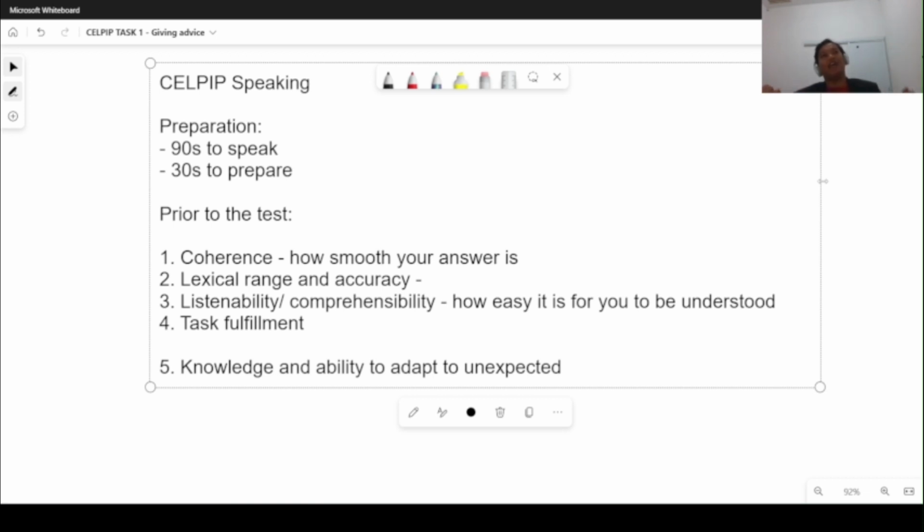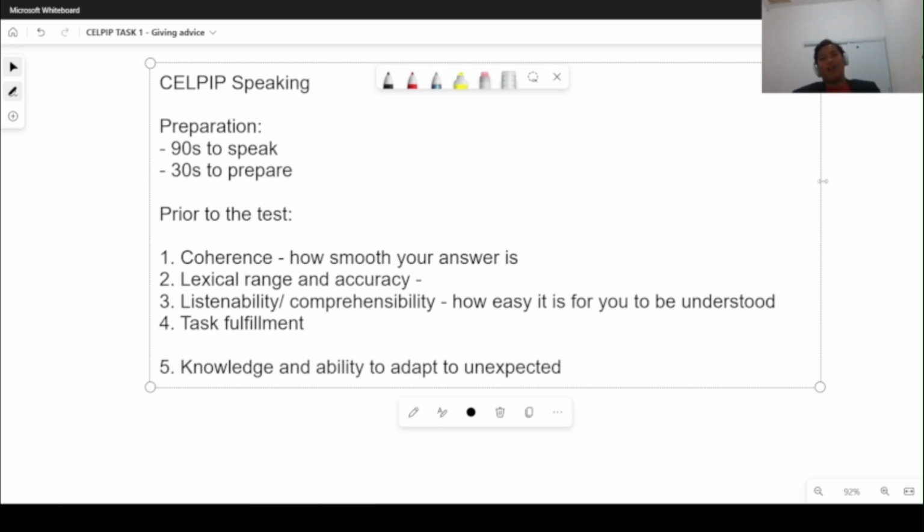A lot of the times you might have a well structured answer or good range and resources, but the way you deliver it, the way you present it, just makes it quite difficult to follow. So this does count into your grammar as well, right? Like your grammatical range and your grammatical accuracy.